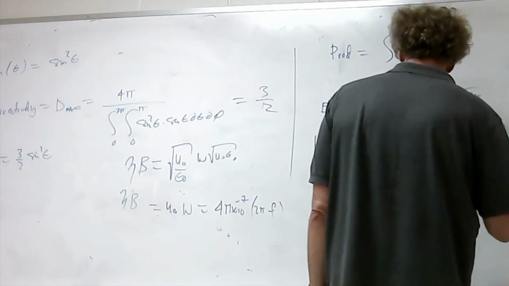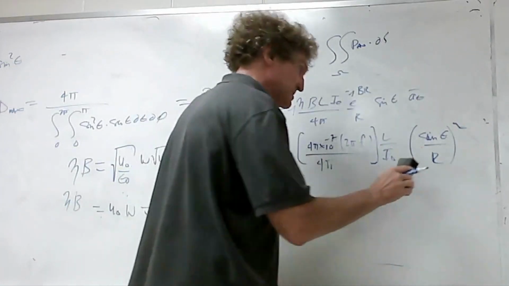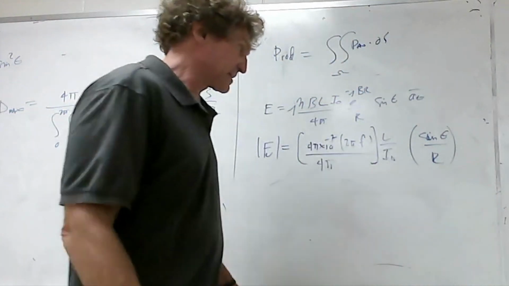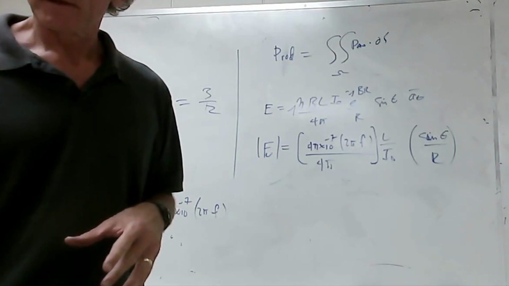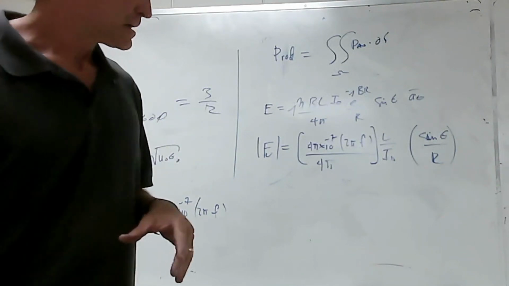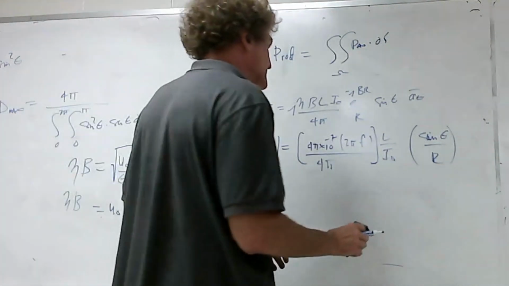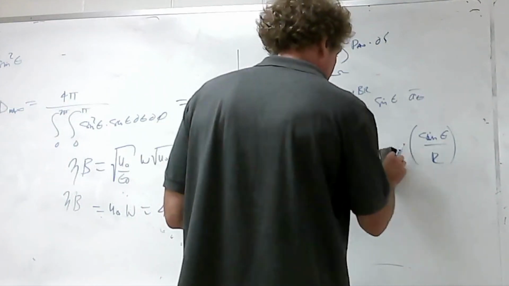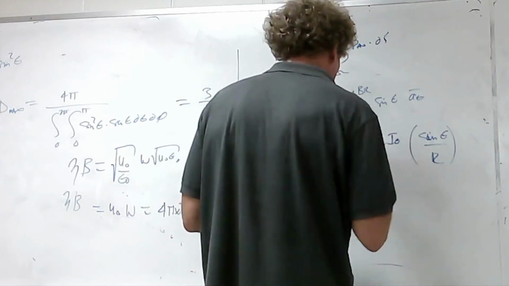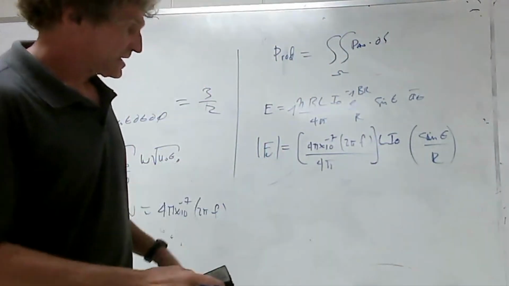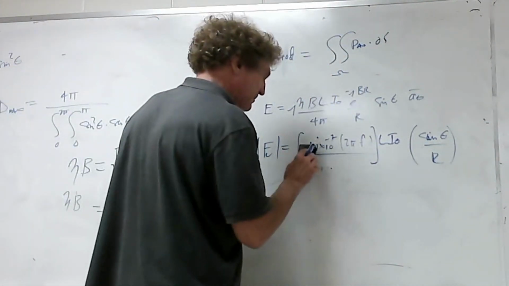You all with me? I didn't square anything yet. Shouldn't I naught be on top? It's on me, you're absolutely right. It's L times I naught. I'm going to cancel the 4 pi's.